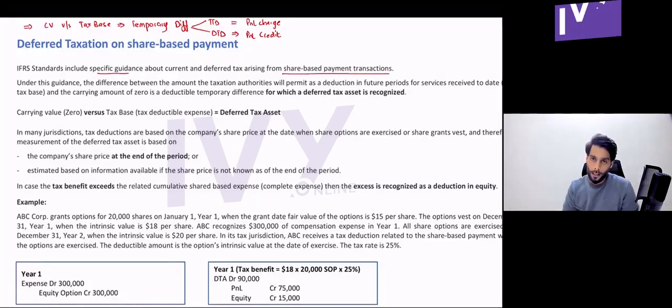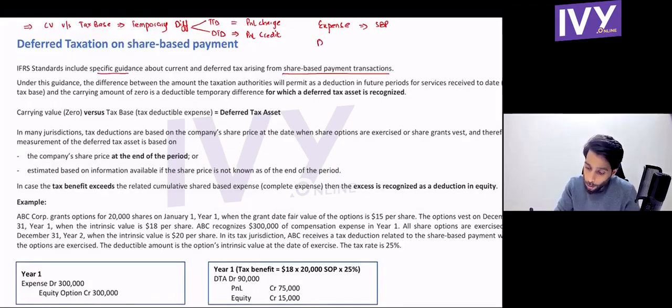Often, there is a difference between what expense we recognize on account of share-based payments and what deductible allowance is allowed by the taxation authorities. Just follow me, what I'm saying.